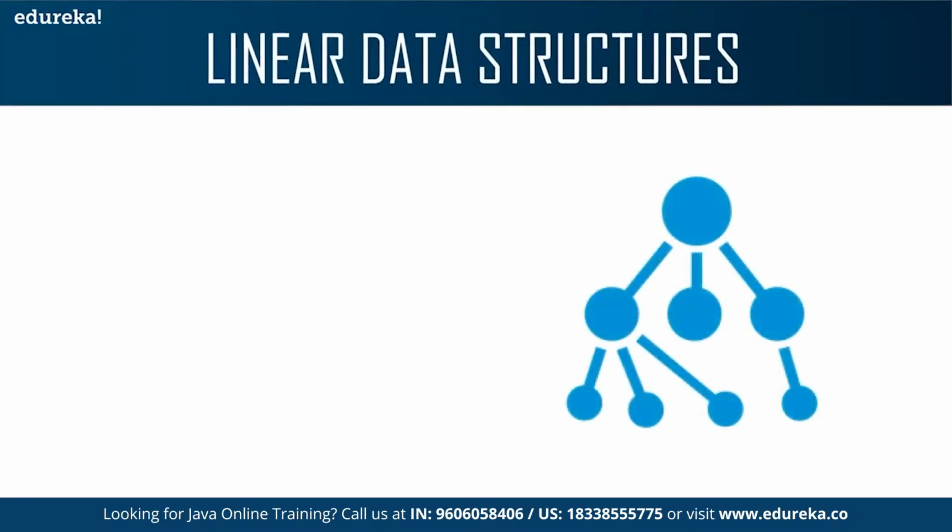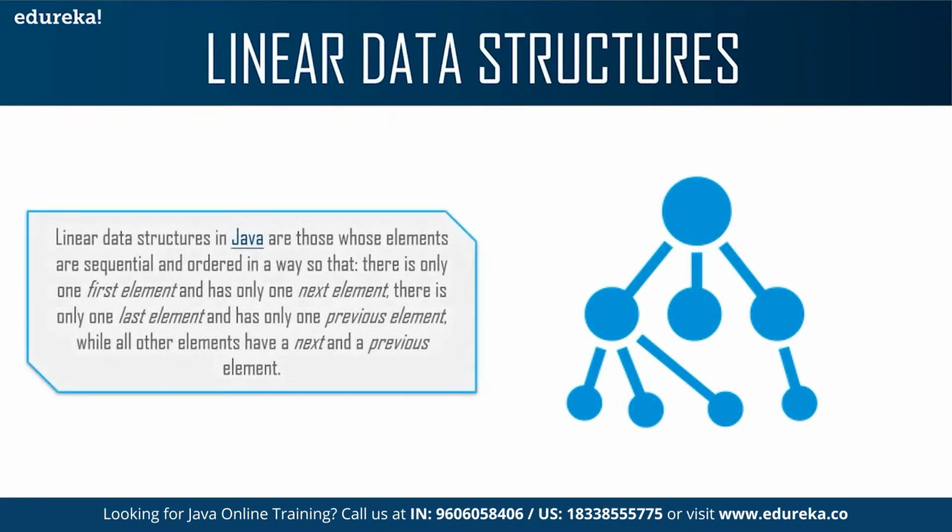So what are linear data structures? Linear data structures are those whose elements are sequential and ordered in a way so that there is only one first element and it has only one next element. There is only one last element and it has no next element, while all the other elements have a next and a previous element.